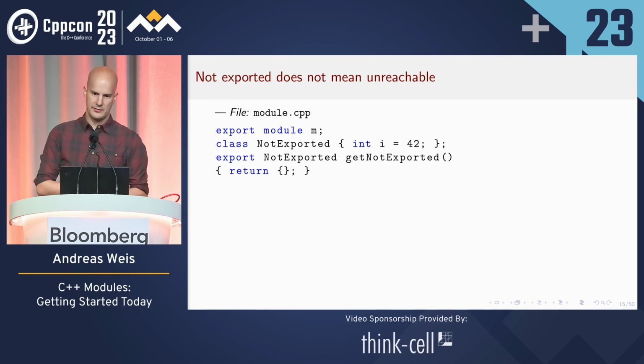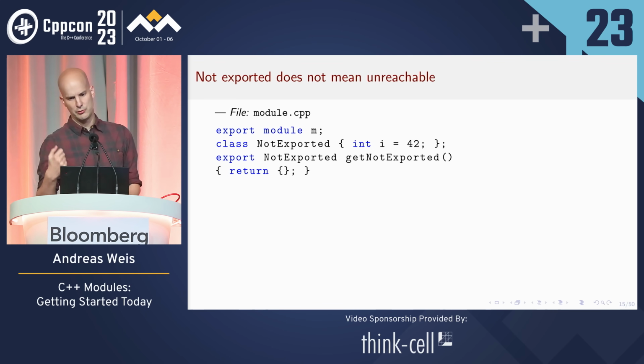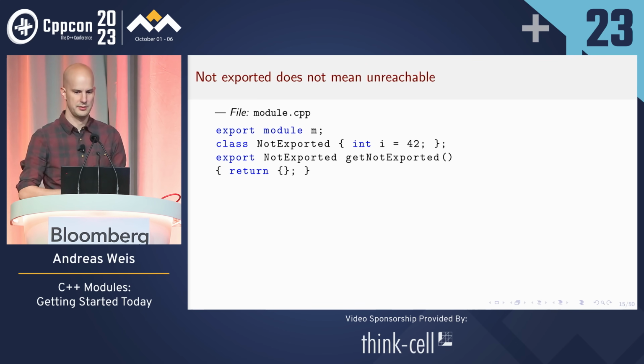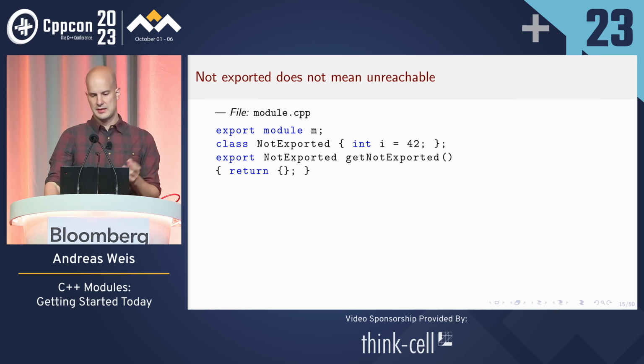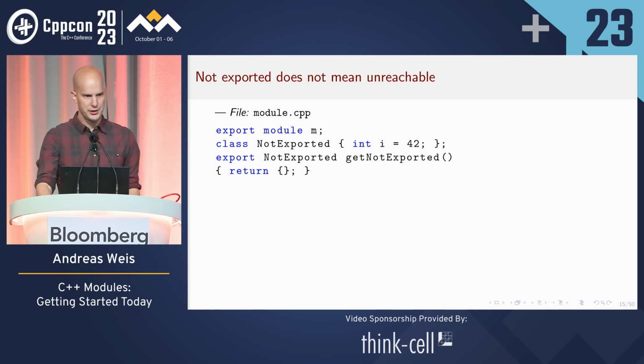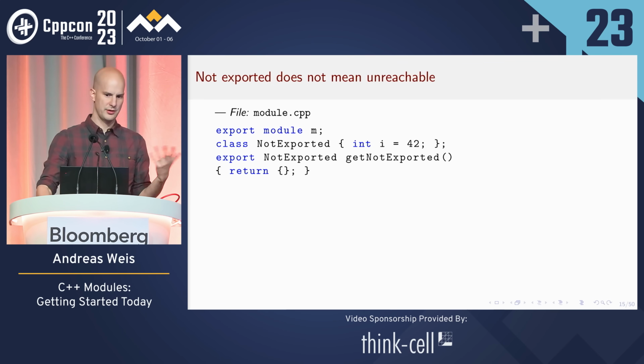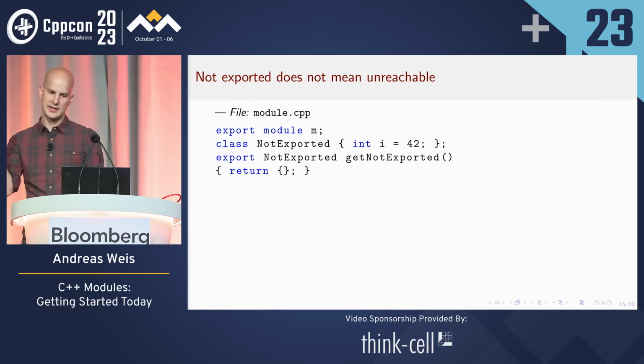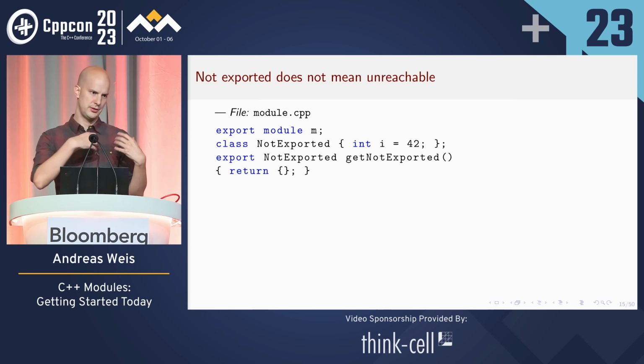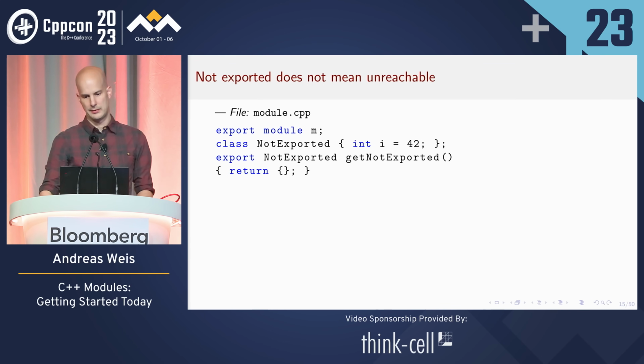One thing that you need to be aware of is that if you don't export something, that does not mean that it's completely unavailable. In particular, stuff that is not exported is still reachable. Here we have an example of this. The class not exported is not exported, but I export a function that uses this class as a return type.